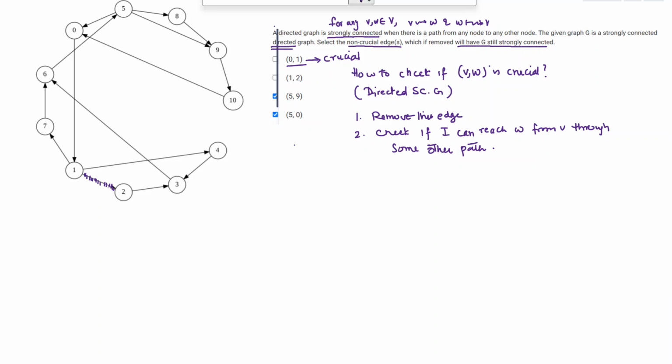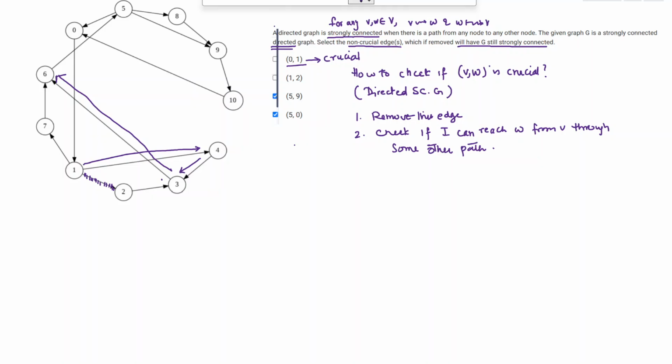Now one way is you can go from 1 to 4, then you can go from 4 to 3, but then again you get stuck. Or you have to go to 6, but the moment you go to 6, there's no way coming back to 3, coming back to 2.